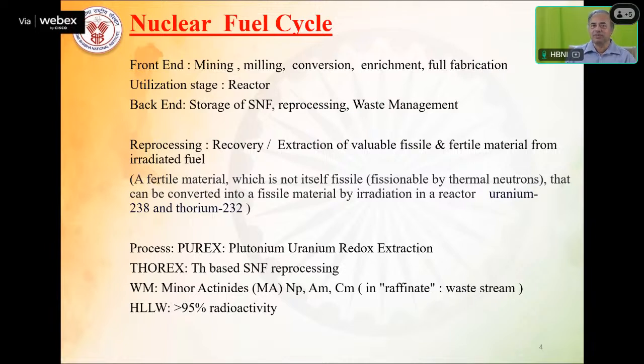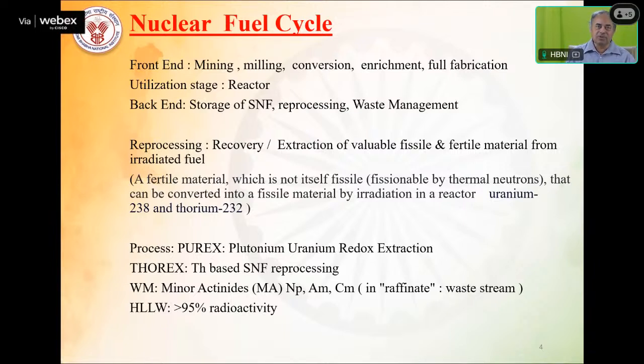That is the fissile material. U-238 can be fertile, but to begin with, U-235 is important for us. That is very, very small. I mean, that percentage is only 0.7% in the total natural uranium, whatever we can extract out from the ore.